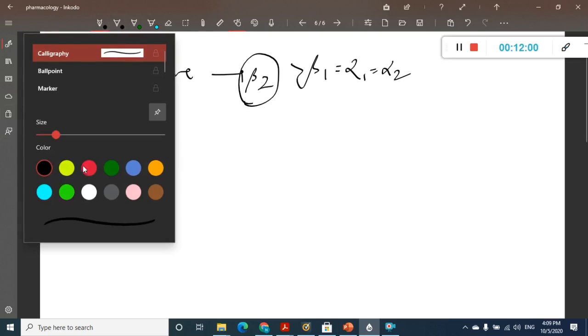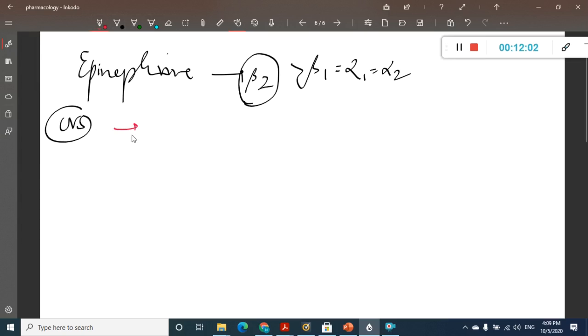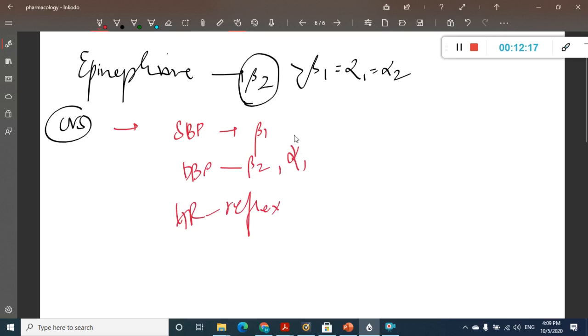On the CVS, systolic blood pressure is mainly dependent on beta 1. Diastolic blood pressure is dependent on both beta 2 and alpha 1, whereas heart rate is mainly a reflex action here. So beta 1 is present and there is increased systolic blood pressure, and diastolic blood pressure is dependent on beta 2 and alpha 1.